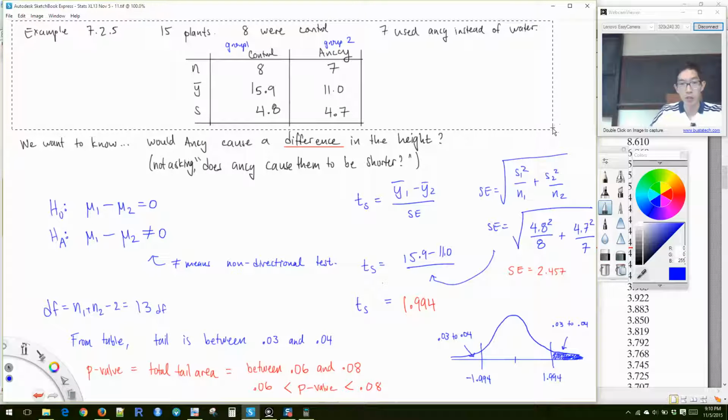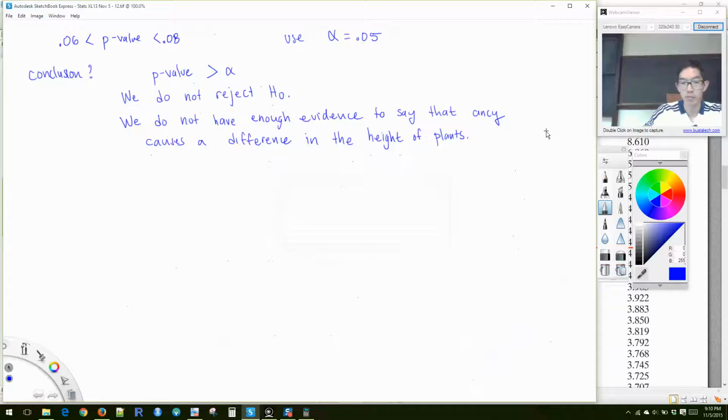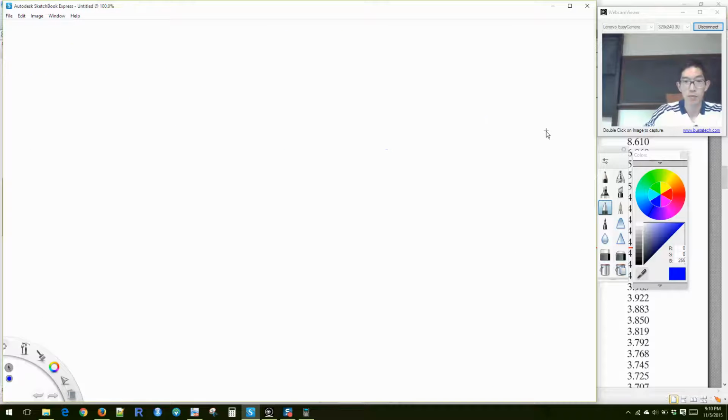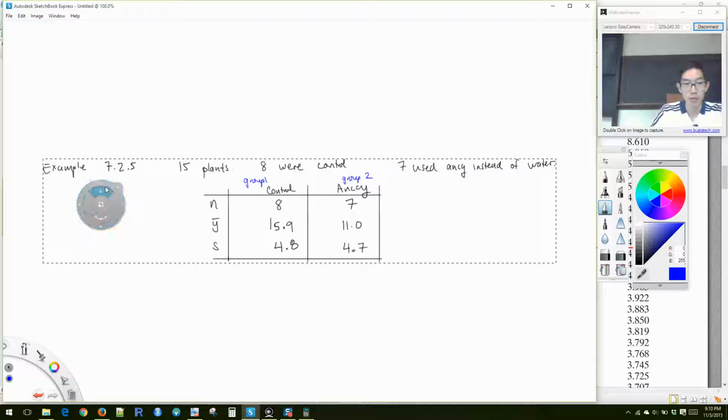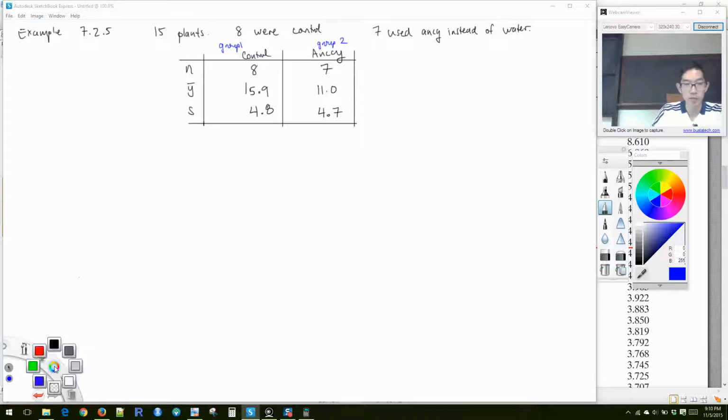So using the same data, okay, so we're going to use the same data, but this time, okay, prior to collecting data, so this is the key.